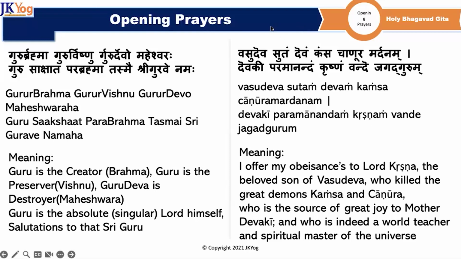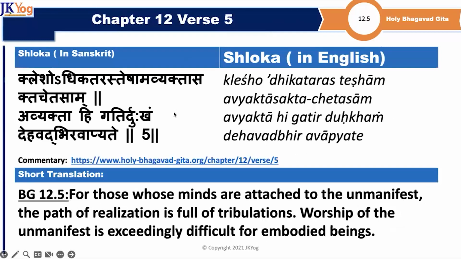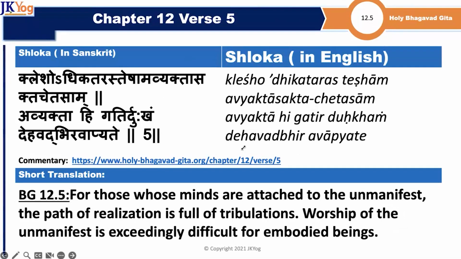Okay, Radha Radha, good morning, good evening again to all of you. So today, in order to conclude this discussion, at least for this series, I picked up a shloka from chapter 12, verse 5, where Arjun, in the previous verse, has asked this question: we worship form and formless.